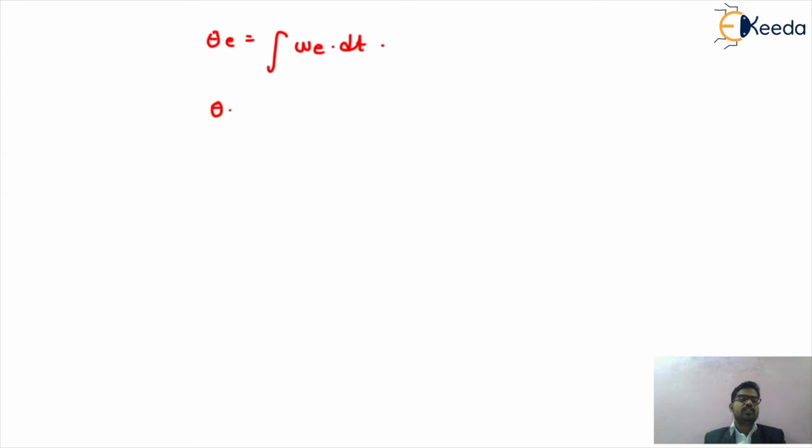Now we want to substitute the value from equation number first, that is omega e is equal to omega r plus omega sl. So now we can write integration of omega r plus omega sl into dt. From this equation we are getting the value of theta e, the angle of synchronously rotating frame, is equal to theta r plus theta sl.